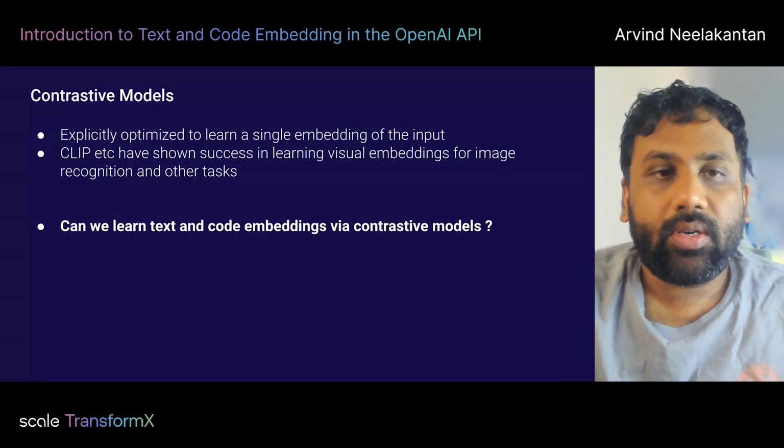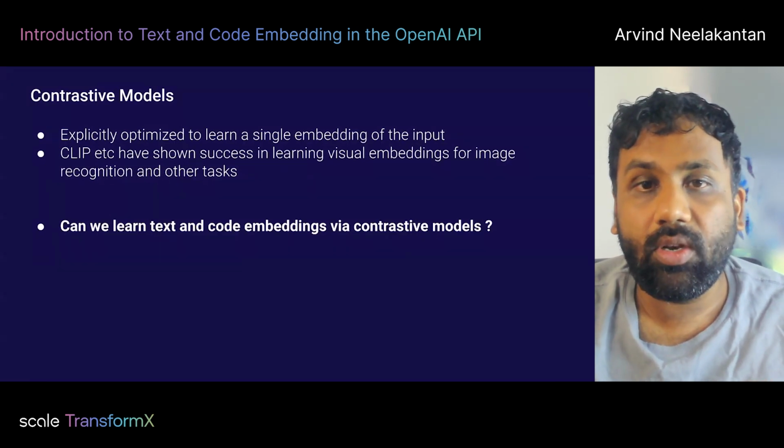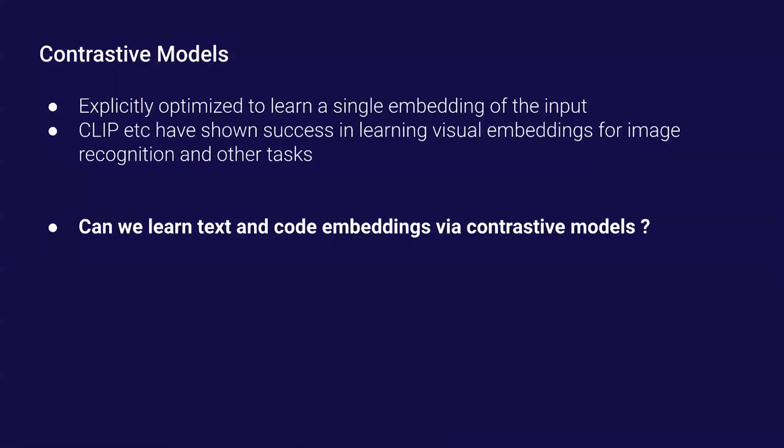Now we'll talk about a class of models, contrastive models, that are explicitly optimized to learn a single embedding of the input. If you're familiar with it, there are models like CLIP that have shown a lot of success in learning visual embeddings for tasks like image recognition and so on. For the purpose of this talk, we will focus on contrastive models that are trained from large-scale internet data.